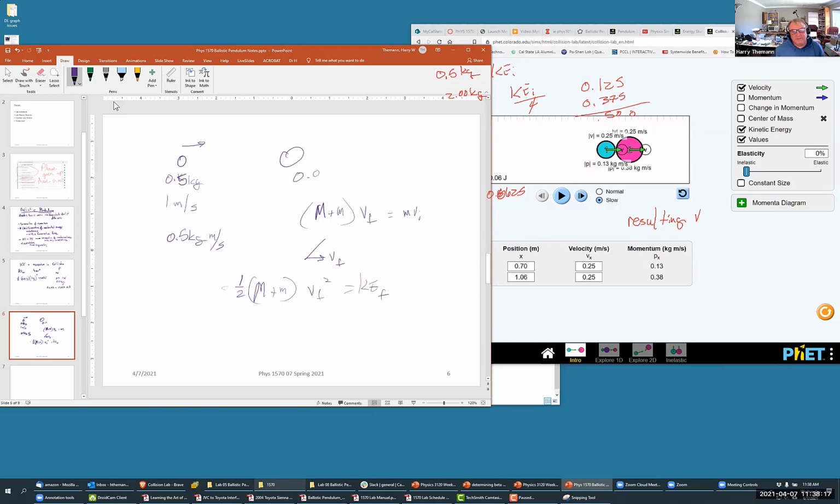So we know everything we need to know about inelastic collision. And this is what they say, completely inelastic. They stick.